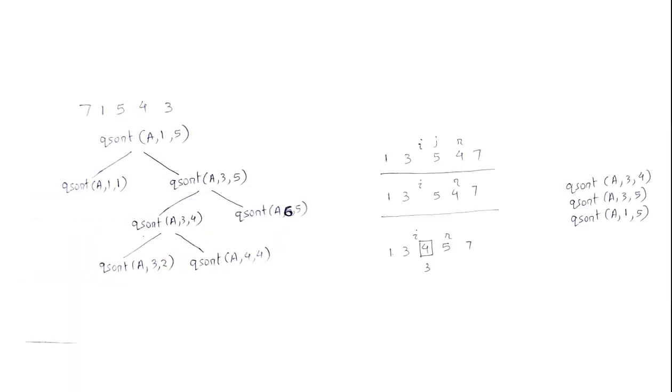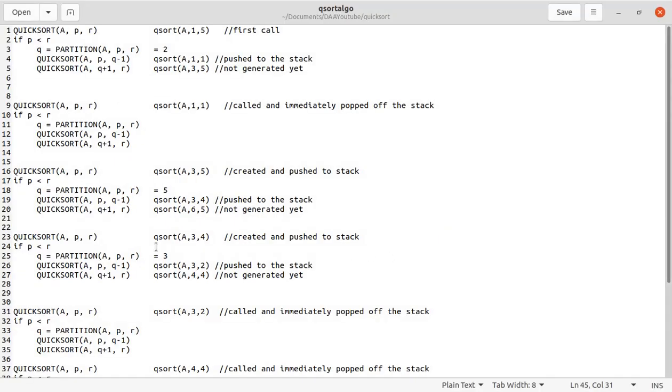Now this partition algorithm chooses the last element of A34, which is 4, as the pivot element, and it got its position as index 3 at the end of the partition algorithm. Now this 3 will be returned and will be assigned to the q variable.